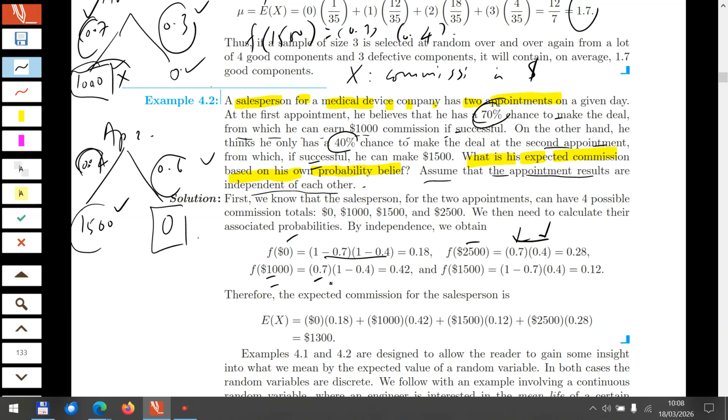In this case, only one is successful, the other fails. And in this case, the second one is successful, the first one fails. And then you just combine all these PMFs with the values. So x times f of x, and then you add. So this is x, x, x, x, and this is f of x, f of x, f of x, f of x, and you get the final value, right?